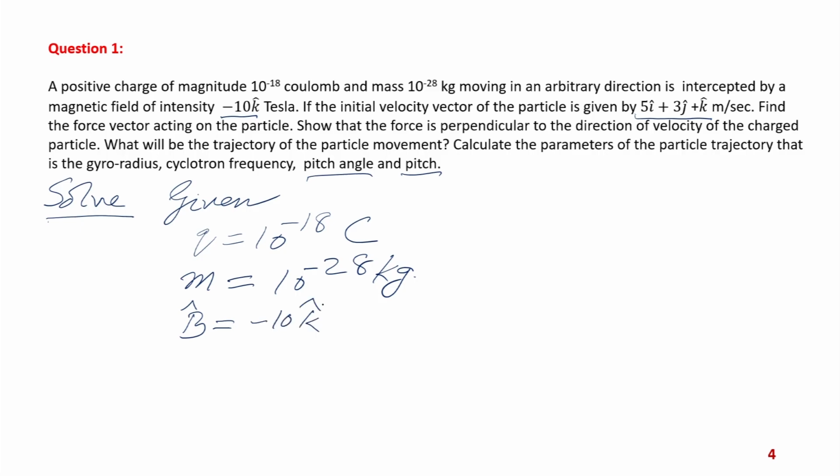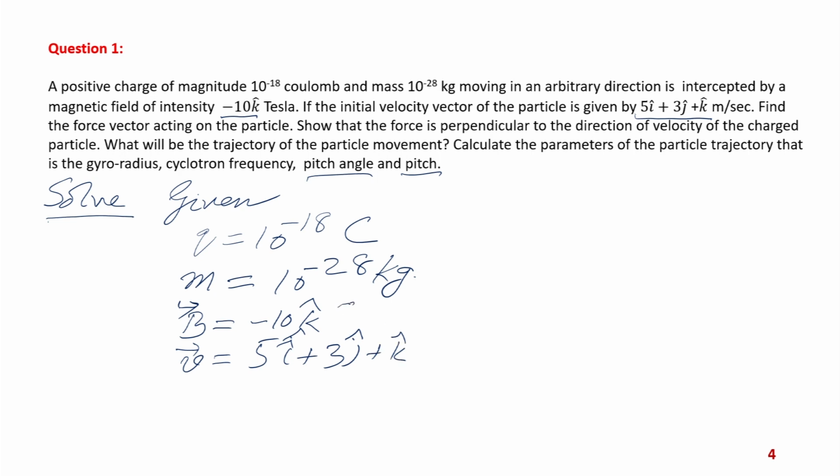It is a z-directed magnetic field, and the velocity vector is given by 5 i plus 3 j plus k.